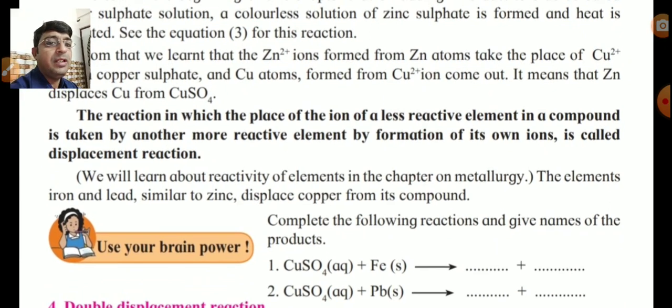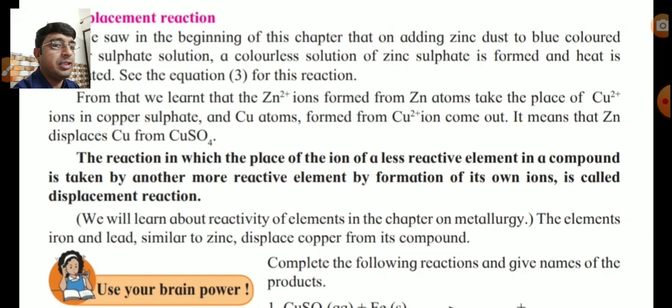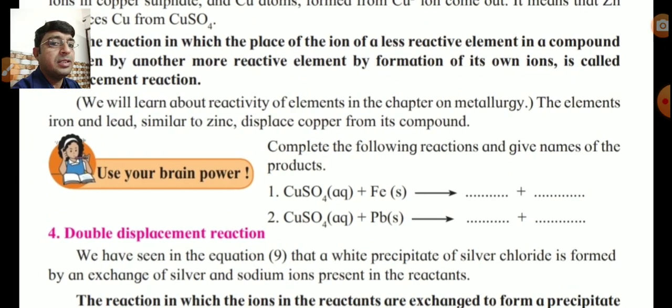We will learn about reactivity of elements in the chapter on metallurgy, that is lesson number 8. The elements iron and lead, similar to zinc, displace copper from its compound. So with the help of the chemical equation of activity 3, we are writing the answer of these two reactions. For homework, use your brain power and write the answers.